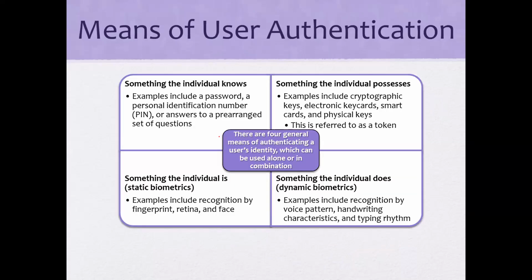So what are the various means of authentication? The primary thing is that each user should be identified with an individual identity. First, something that an individual knows, like usernames and passwords, which become one sort of identifier. Second, something that an individual possesses, which includes some key mechanisms.